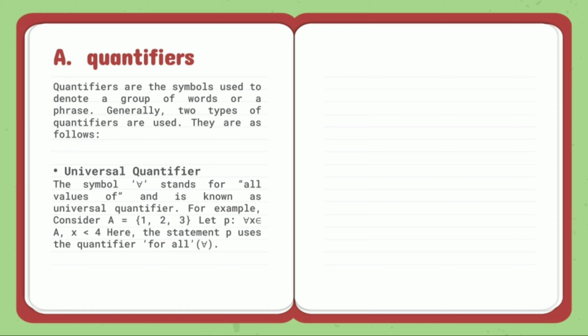The symbol for all stands for all values of and is known as universal quantifier. For example, consider A equal to 1, 2, 3 and let P be for all x element of A, x less than 4. The statement P uses the quantifier for all.